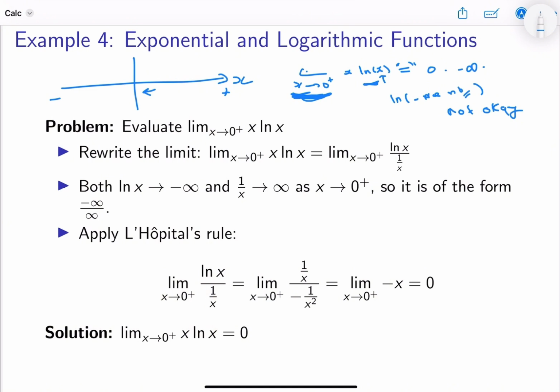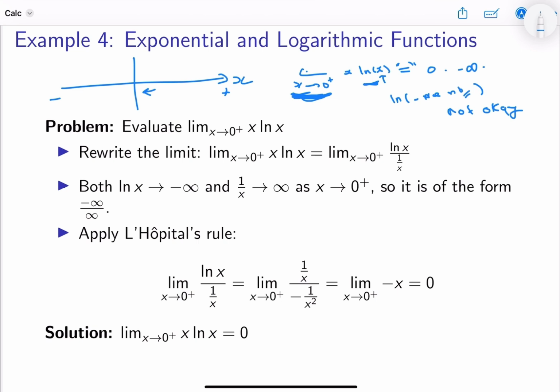Anyways, how can we turn this into something where we can apply L'Hopital's rule? Because remember, the only tools we've learned so far are squeeze theorem and L'Hopital's rule. And squeeze theorem doesn't seem to be very helpful here, or at least it's not immediate.